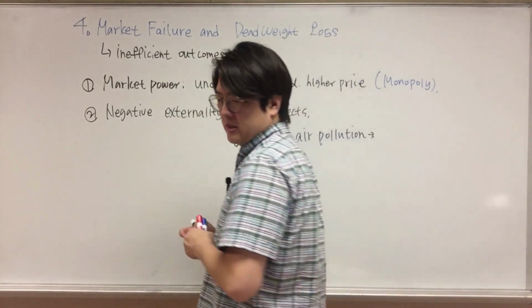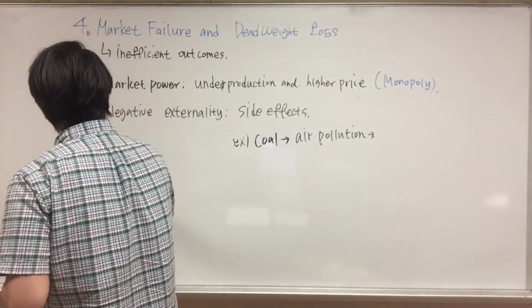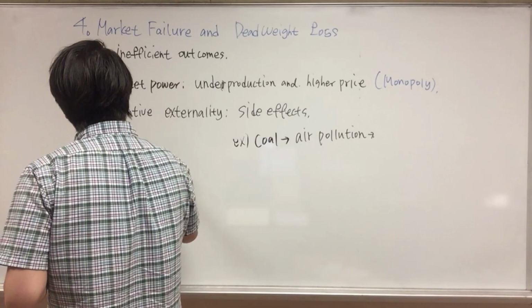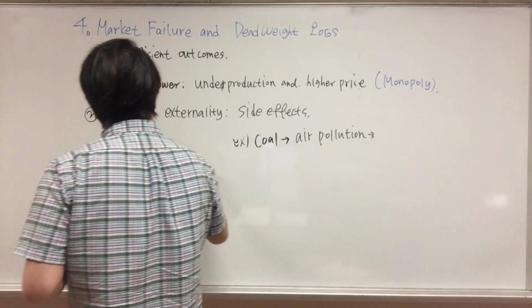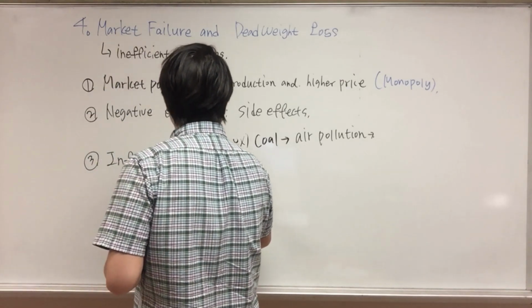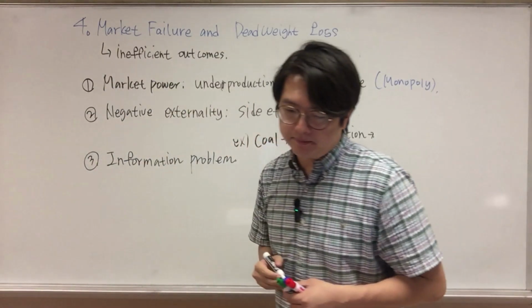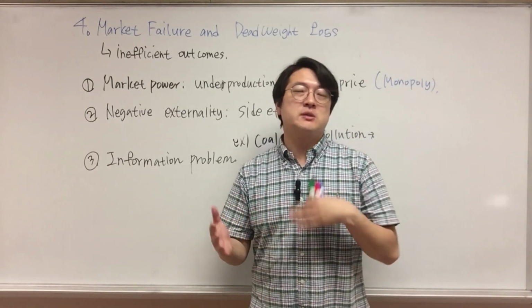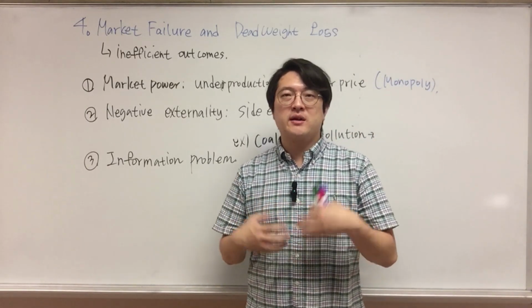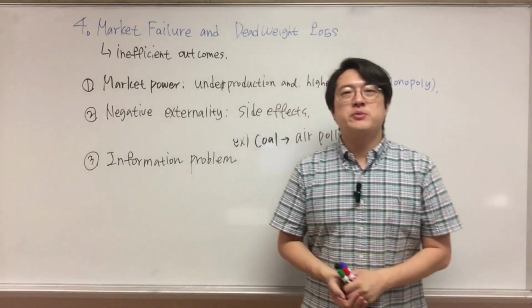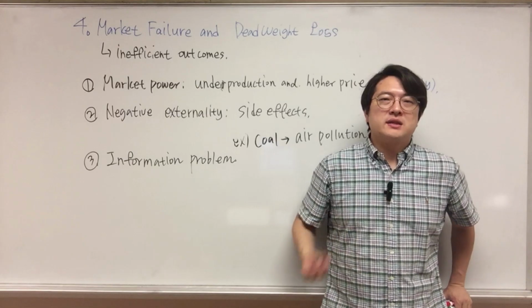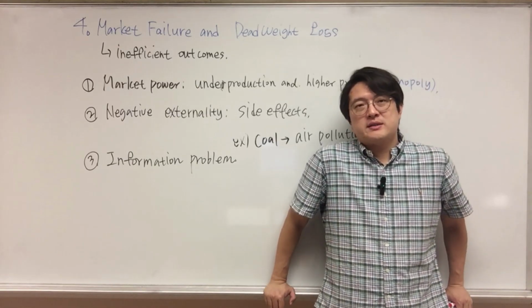The third one is information problem. To be specific, if we have asymmetric information, there are some problems. For example, if we think about the used car market, the used car market is a kind of lemon market.